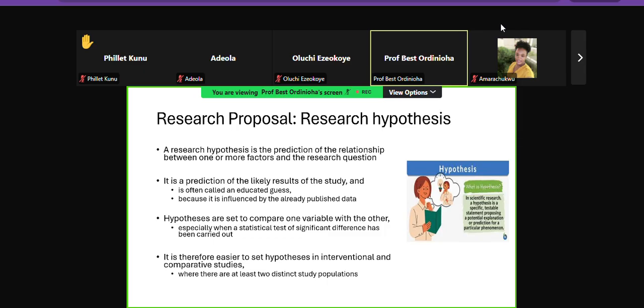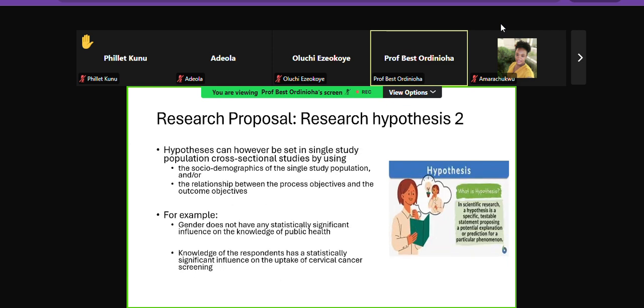And there are actually two types of study hypothesis. There is the null hypothesis and the alternate hypothesis. The null hypothesis will always say that there is no difference between one study population and the other, or one social demographic and the other.